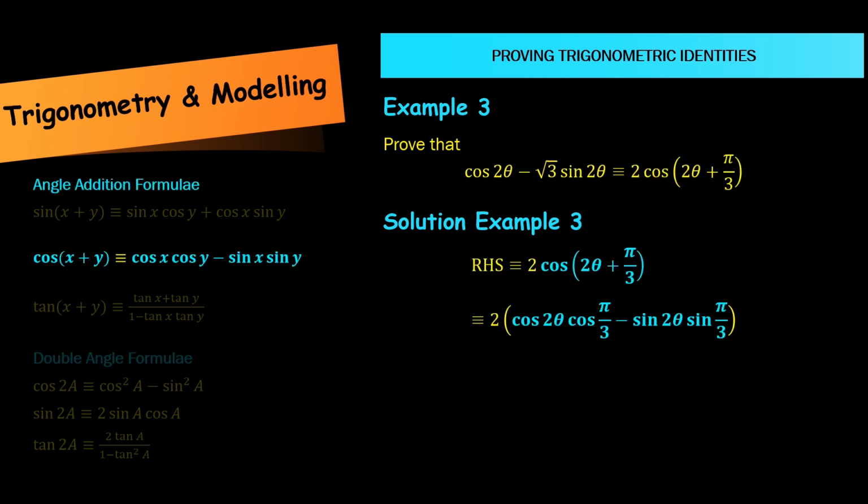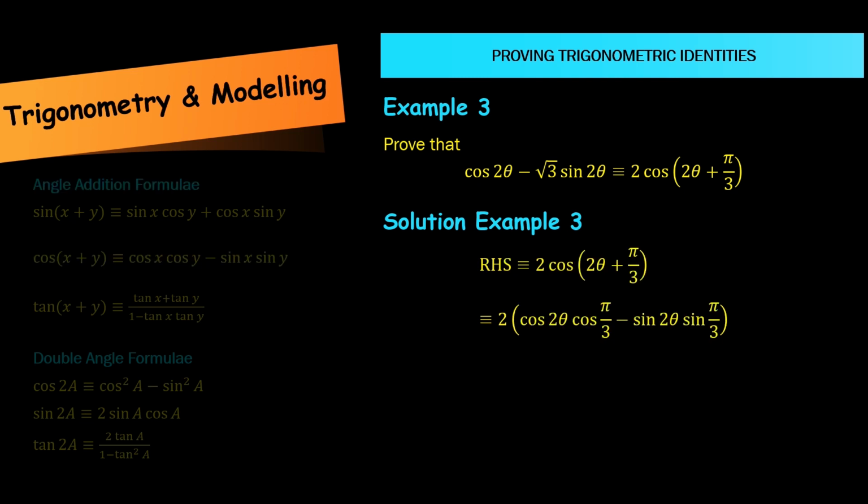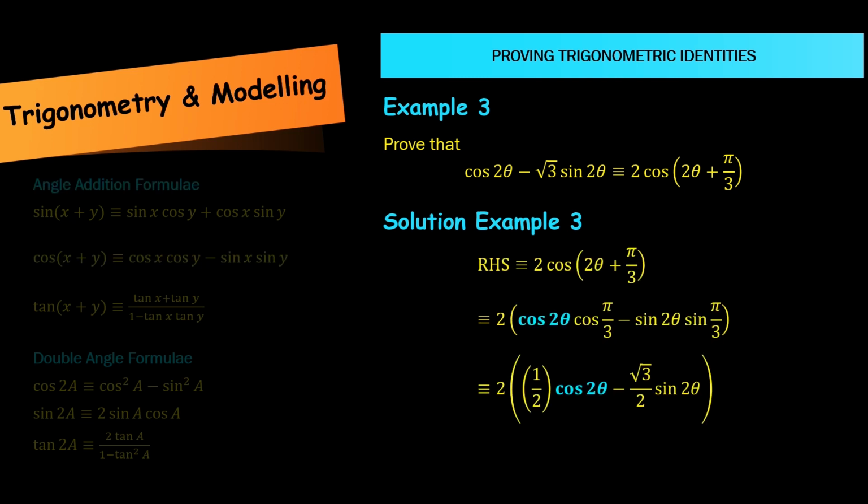Using the angle addition formula for cos gives us that cos of 2 theta plus pi by 3 equals cos 2 theta cos pi by 3 minus sin 2 theta sin pi by 3. The cos 2 theta stays as it is. Cos pi by 3 becomes a half. Sin 2 theta stays as it is, as shown.